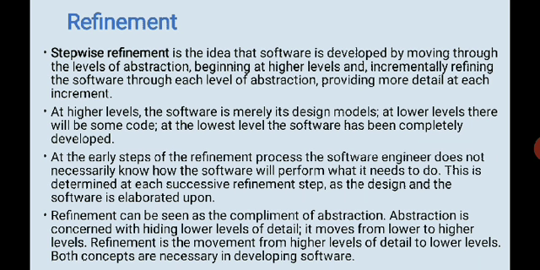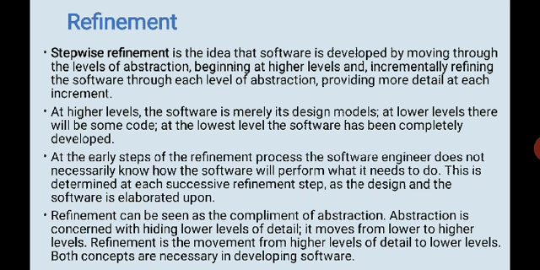So the third level is more refined and more detailed compared to the second, and the second level is more defined and more detailed than the first. With every step, you refine more and more.